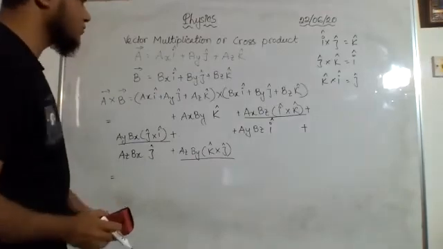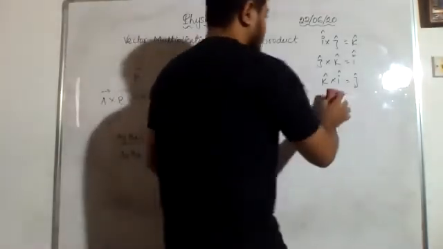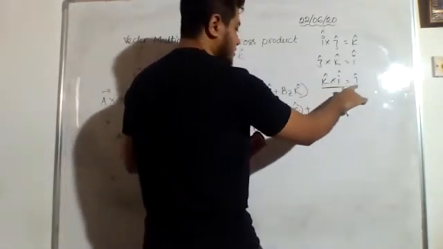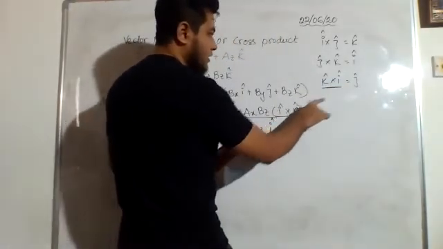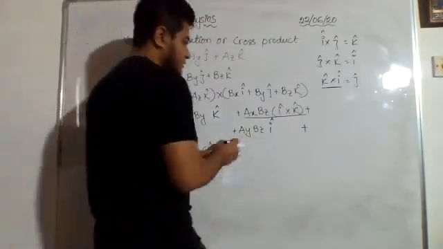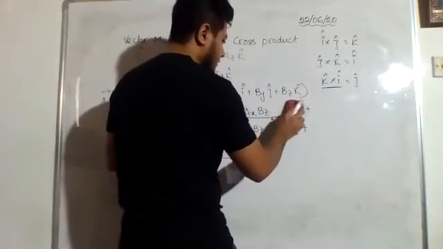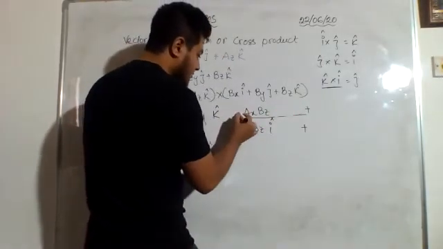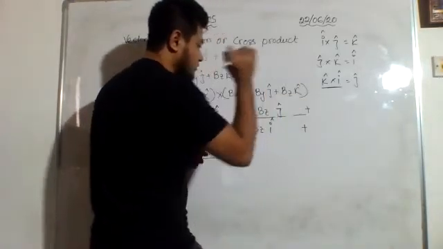So what does it tell you? i cross k, that is just opposite of this, right? k cross i is j, but I have i cross k. So what will it be equal to? Minus j, because this is the opposite of this, right? So I can just directly write minus here and j.